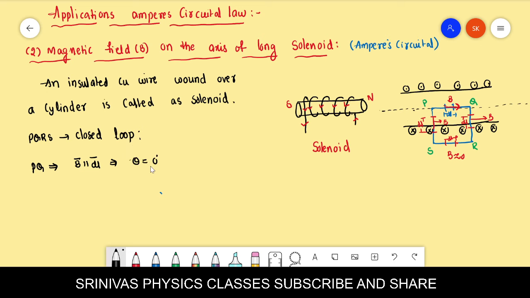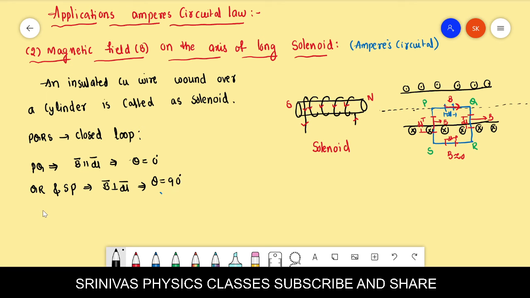Okay, right? In case of QR, and one more is PS also, QR and SP you take. For QR and SP, B bar is perpendicular to dl bar. You see the picture? Theta is 90 degrees.